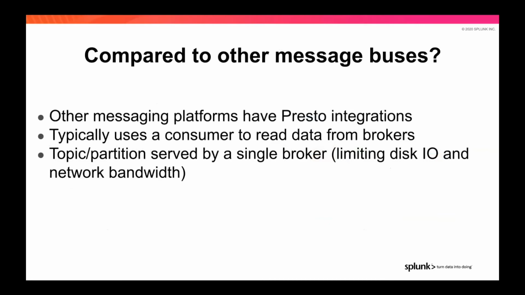So I just want to discuss briefly how this compares with other message buses, right? Pulsar does have integrations with other message buses like Kafka. But the difference here is, because of the differences in architecture of Pulsar versus other message buses, a lot of message buses don't have a separate layer of storage, right?